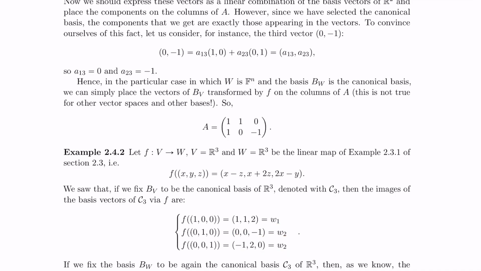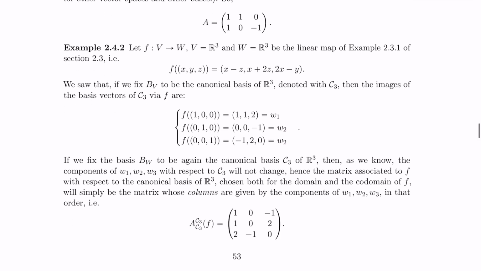Now, thanks to the same argument that we have used in the previous example, since we have fixed the canonical basis in R3 interpreted as vector space codomain, we have that the matrix A associated to the linear map F will have the three vectors W1, W2, and W3 as columns. As a consequence, the matrix associated to F with respect to the canonical basis both in the domain and codomain vector space will be this one here.